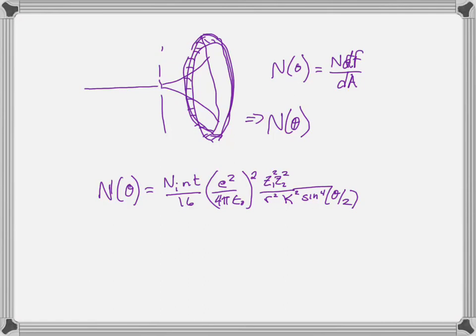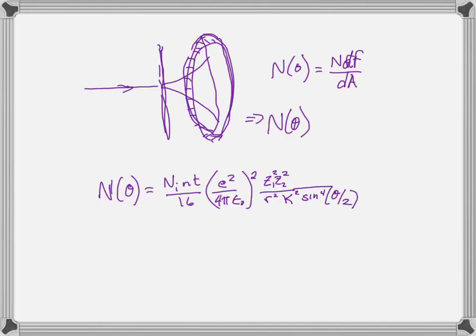So what we're getting is there's a lot of things here, right? Ni is the number of incident particles on the foil. N is the density of atoms in the foil. And T is the thickness of the foil, right? So this is our foil that we have these alpha particles scattering off of. And Z1 and Z2, I can't remember which is which, doesn't matter.